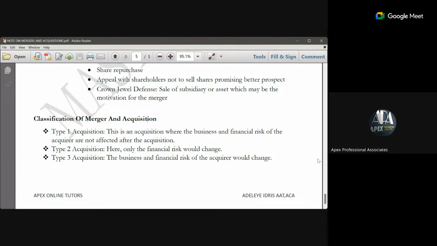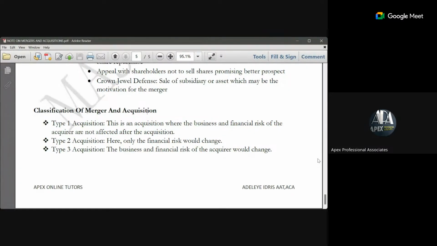And for type 3 acquisition, the business and financial risk of the acquiring company would change. The difference is that in type 1 acquisition, both business risk and financial risk will not change. In type 2 acquisition, only the financial risk will change; the business risk will remain the same as it used to be. Then for type 3 acquisition, both the business risk and the financial risk of the acquirer will change.